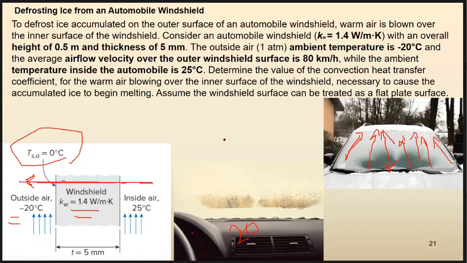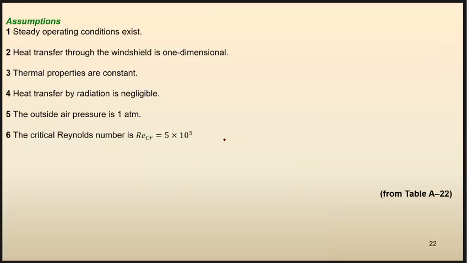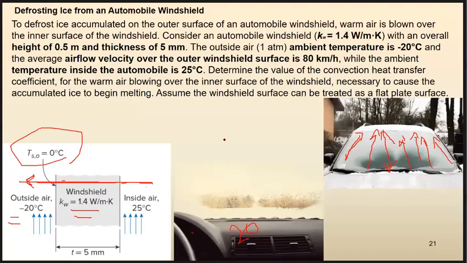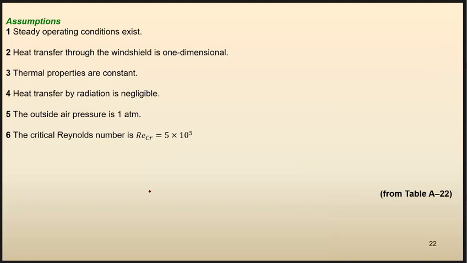Typically we make this assumption because thermal conductivity and other properties change with temperature, but we assume those are the values at some average temperature of the system. Heat transfer by radiation is negligible. So we don't consider radiation toward the outside, radiation from the sun, or radiation from the inner surface toward the interior of the car. The outside air pressure is 1 atmosphere. And also, as I said, the critical Reynolds number is 5 times 10 to the 5.